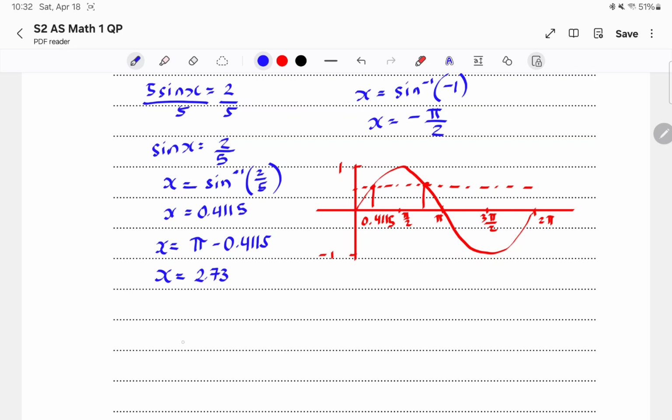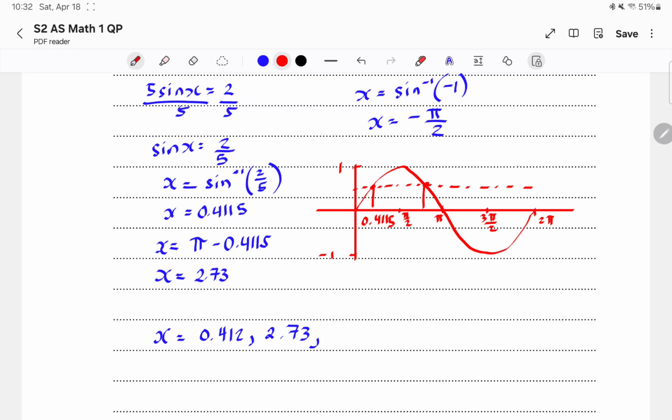So let me write down the solutions here. We have 0.412, we have 2.73, and then the negative pi over 2 is way outside our domain, so we're not going to choose that.